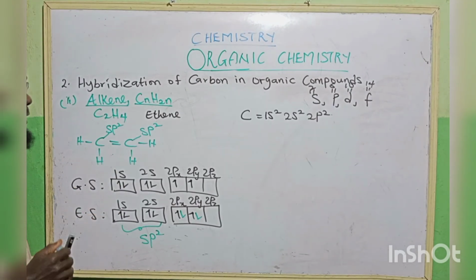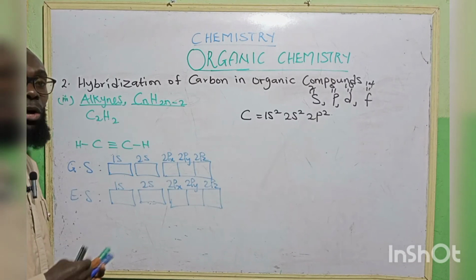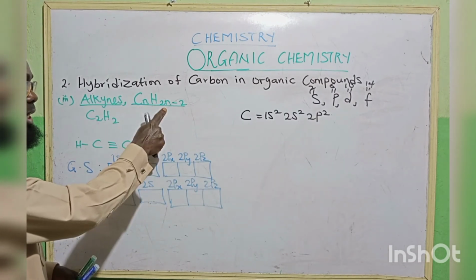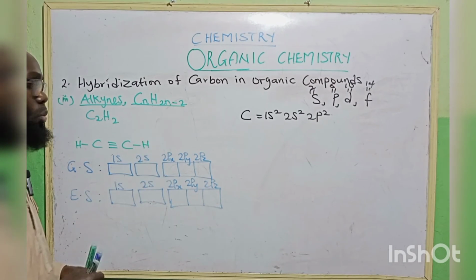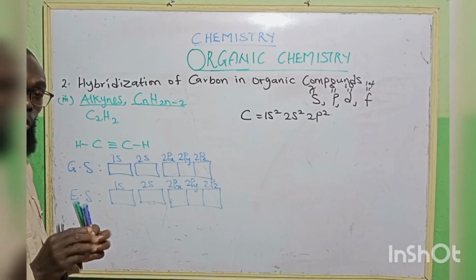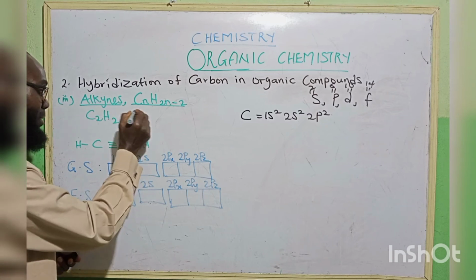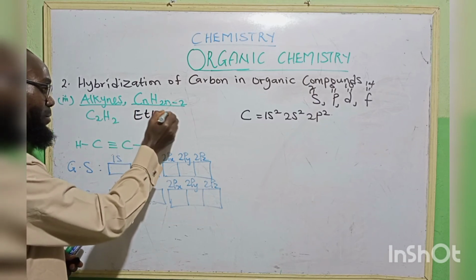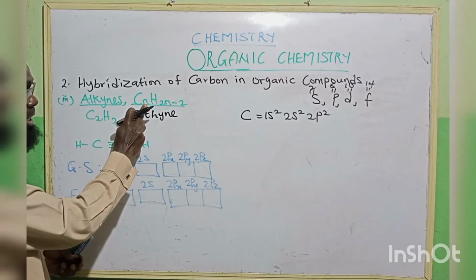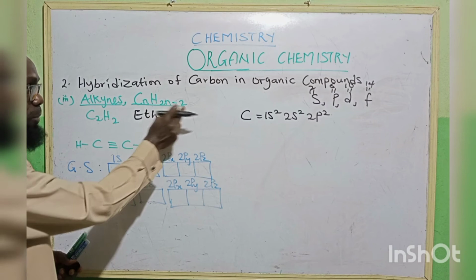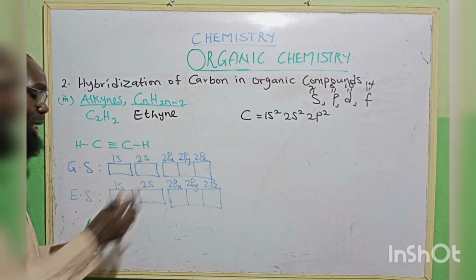Now the third one we consider is alkyne. This is another homologous series with the general molecular formula of CnH2n minus 2. And the first member is always with carbon 2. That is what is called ethyne. So when we put 2 here and put 2 here, C2, 2 times 2 gives us 4. 4 minus 2, we have 2, C2H2.